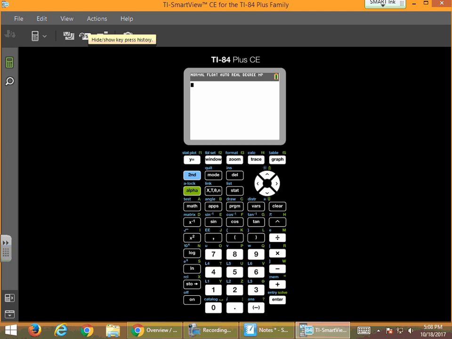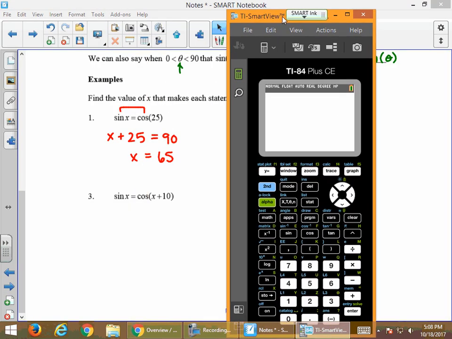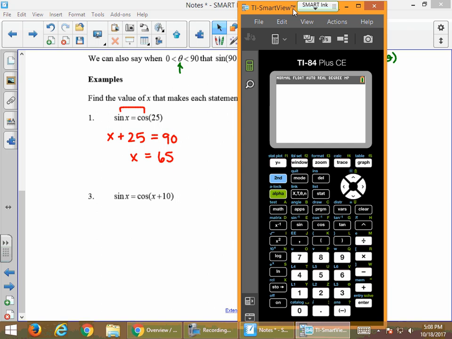Okay, so if I want to do the sine of 65, this number better equal the cosine of 25. And since 65 and 25 add up to 90, you will notice that you get the exact same answer. All right, so it's a real easy way to check.